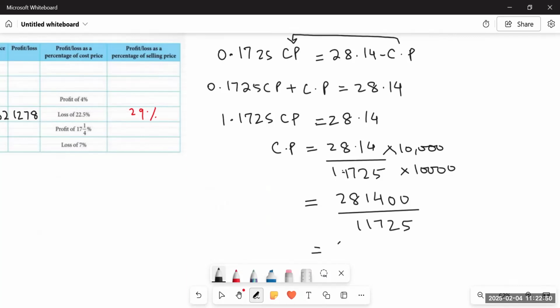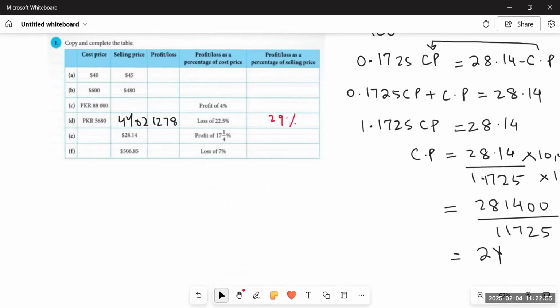It means the cost price is $24. So we'll write the cost price as 24. After finding the cost price, we can easily calculate the profit. The profit would be 28.14 minus 24, which is 4.14. And now we have to calculate the profit as a percentage of selling price.